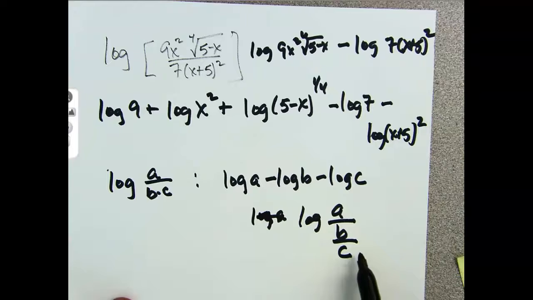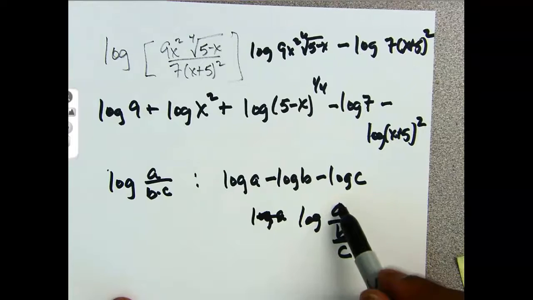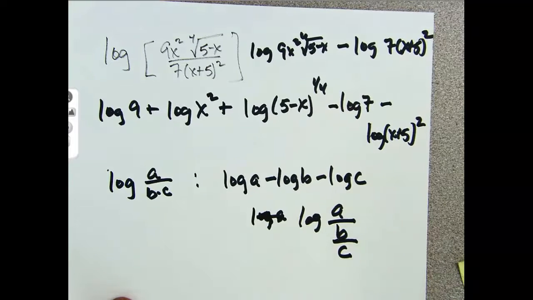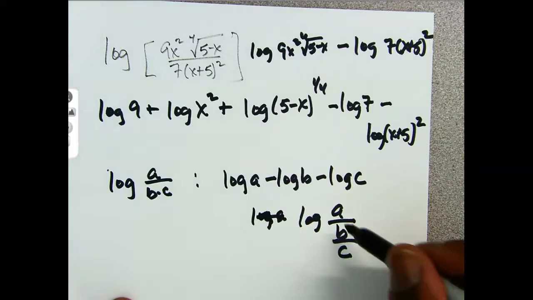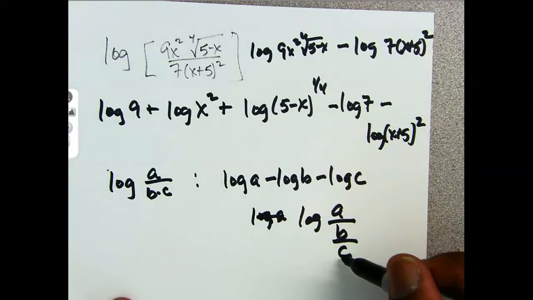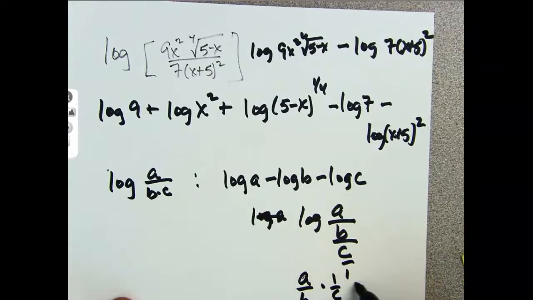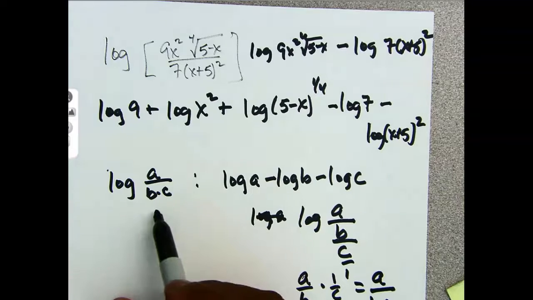Now this part here, A divided by B divided by C, well, when I divide fractions, it's the same thing as multiplying by the reciprocal. So A divided by B divided by C is the same thing as A over B times 1 over C. So that's going to give us A over BC, which is what you have here.